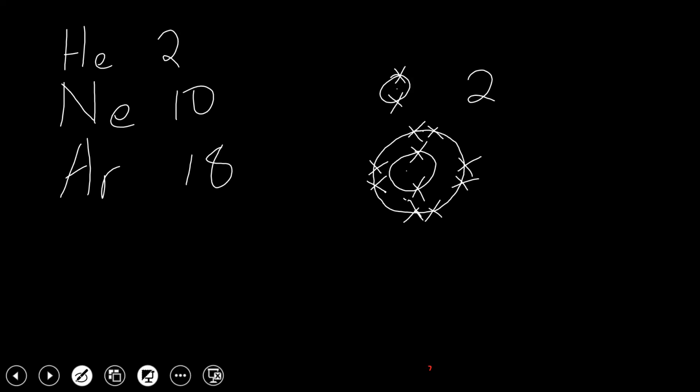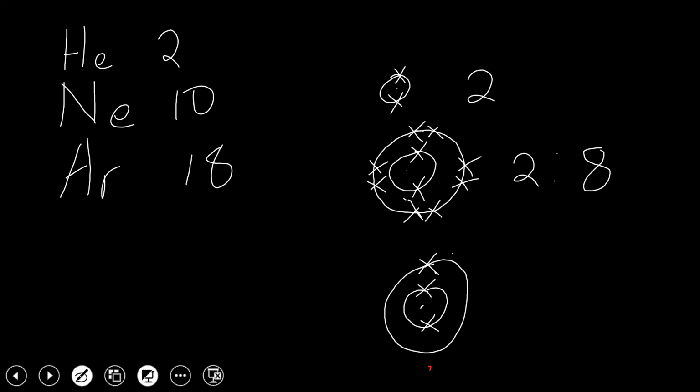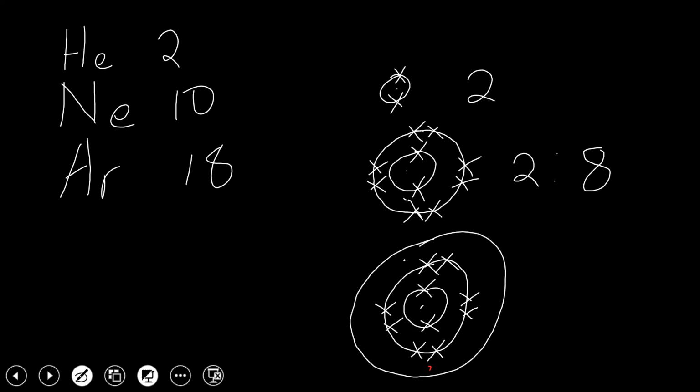So its electron configuration is going to be 2 to 8. Then when we talk about argon, its inner shell takes a maximum of 2. Then the next shell takes a maximum of 8. Then the next shell takes a maximum of 8.